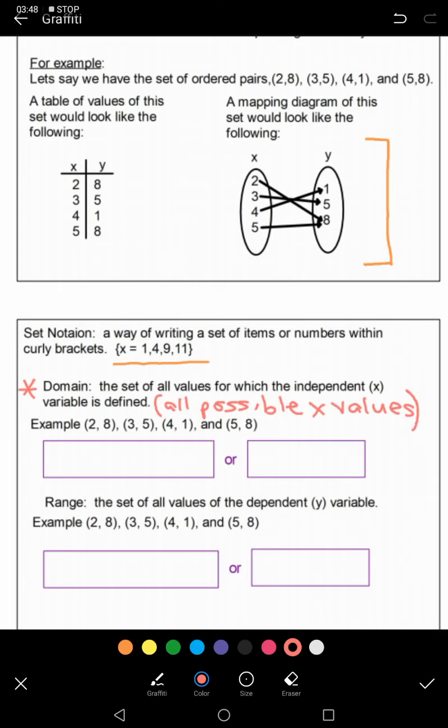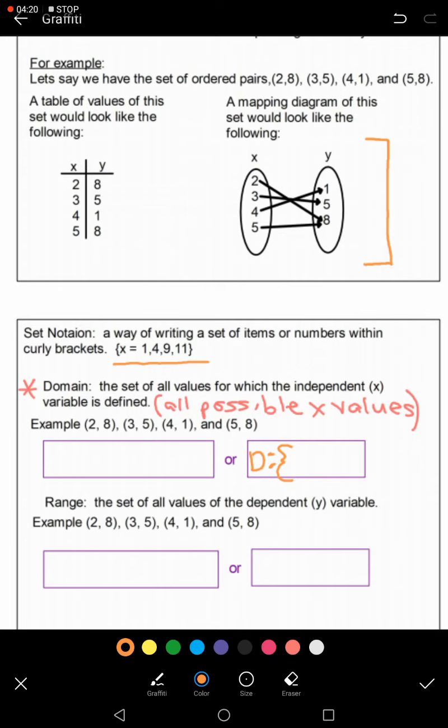Okay, so for example, we can write this in two different ways. So if we were given these points, which are the same points we see above there, there's two different ways we can write it. So the shorter way, the simpler way that most of you will probably choose, is to simply write, so you're going to put a D, because we're talking about domain, colon. Now those curly brackets come in, and all you're going to do is list the x values.